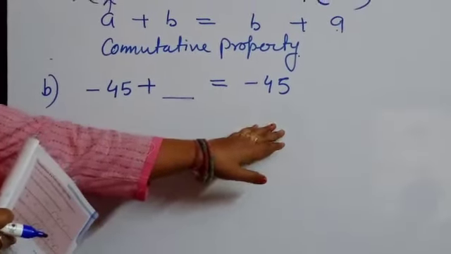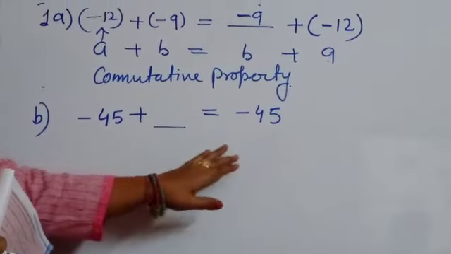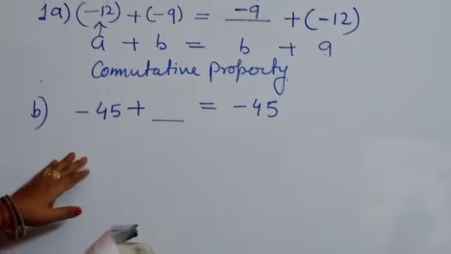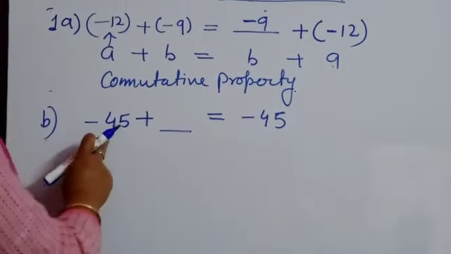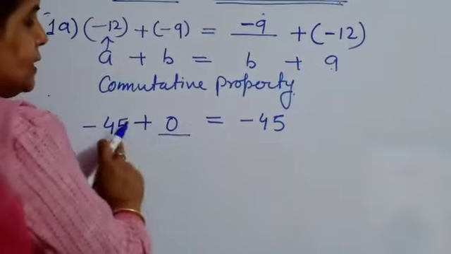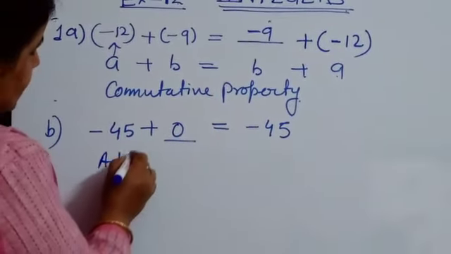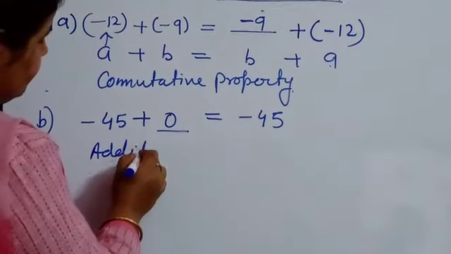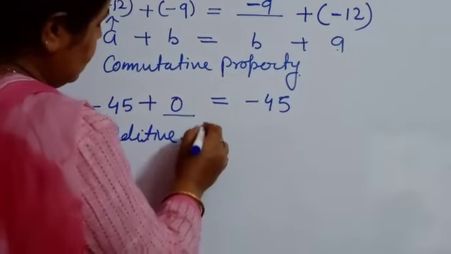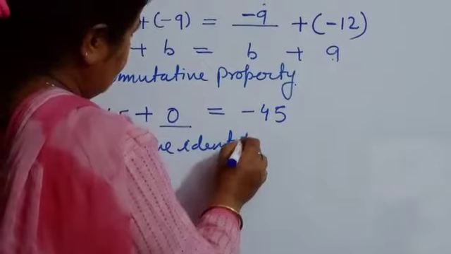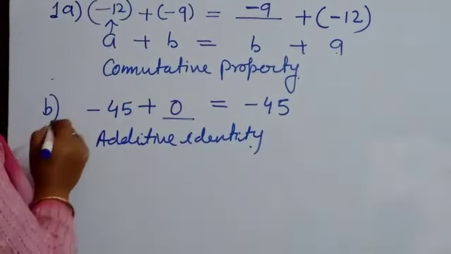For this we have learned the additive identity. So if you add minus 45 plus 0, then the same result minus 45 will come. This is known as the additive identity.